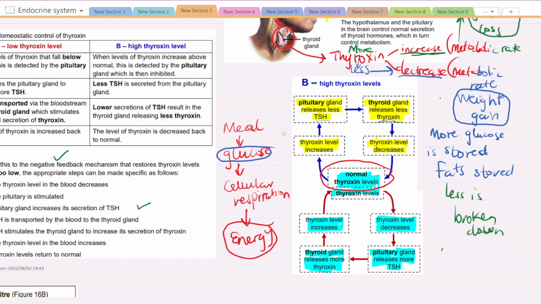Then the thyroxine levels will decrease in the blood and return back to normal. And when thyroxine level decreases, the pituitary gland will release more TSH, right? And then the TSH will stimulate the thyroid gland to do what? To release more thyroxine, and this thyroxine level will increase back to normal.